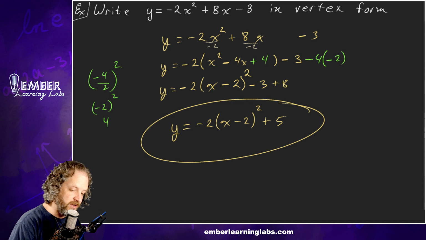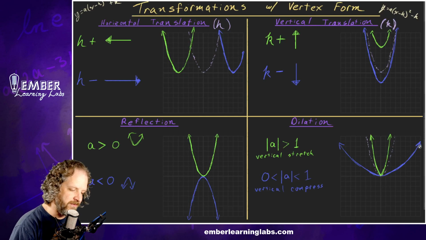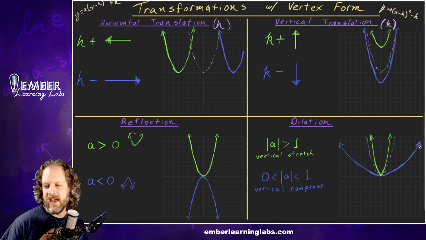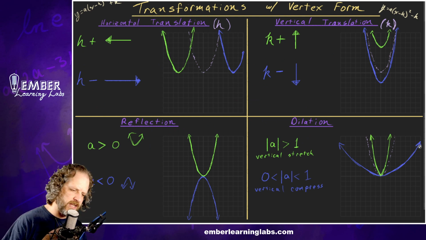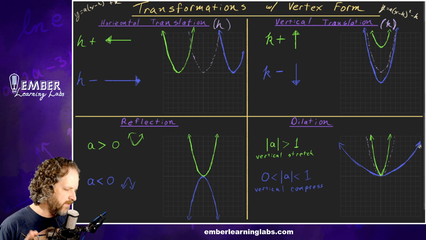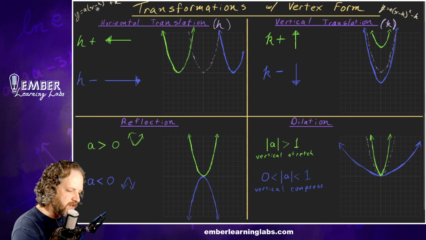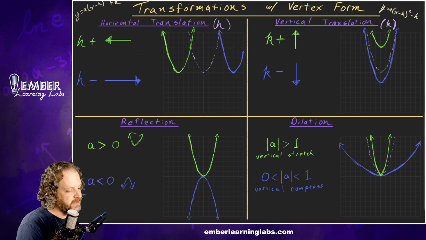So, to remind you of how to graph things from vertex form, we have this from a few lessons back. I think it was actually from last unit, but this is all review from fairly recently, right? If h is positive, it shifts the graph to the left.